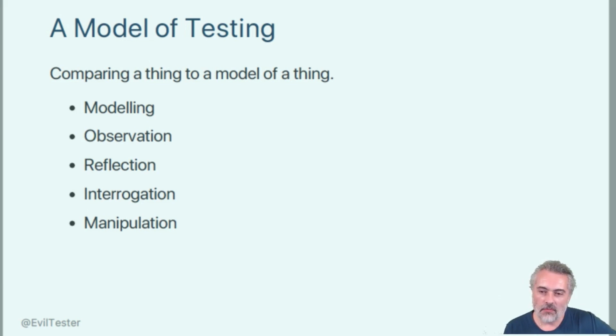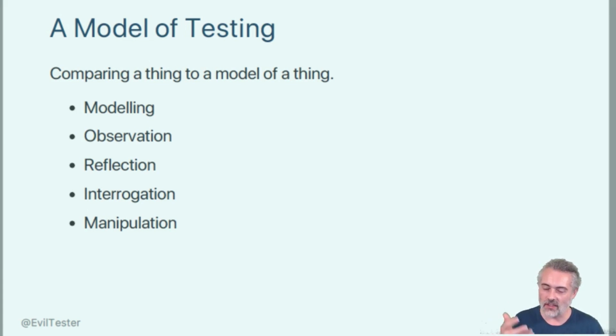So when I'm chunking up my approach to testing, I have to think about how I model things, what techniques I've got, where the information is coming from, how I'm going to observe the system in action to see what is happening. And that requires me to develop more of an understanding of the technology and tools that allow me to go deeper in there. Reflecting on it and thinking about it, making time to learn, interrogating it.